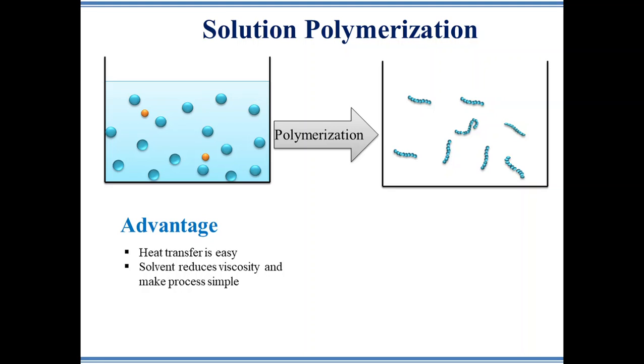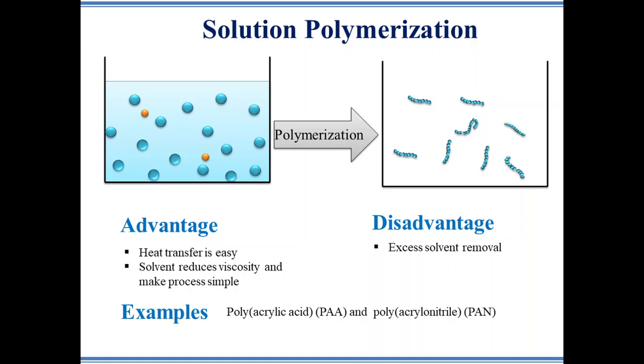Solvent also helps in reducing viscosity, which makes the process very simple. The disadvantage is the process of removal of excess solvent. Polymers such as polyacrylic acid and polyacrylonitrile are synthesized using solution polymerization.